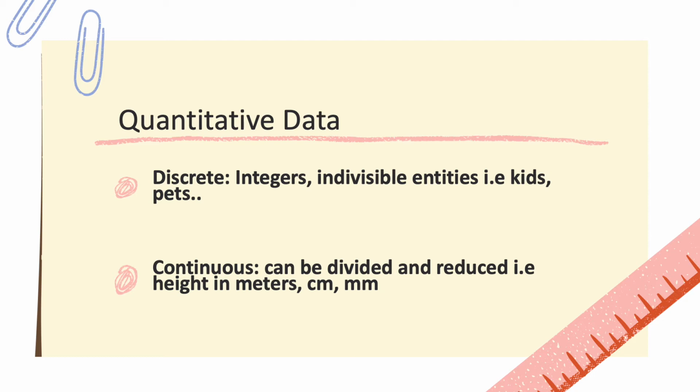Another example to project the different types of quantitative data is if we have an individual tablet in a box. So these tablets are numbered in pieces. This is an example of discrete data.